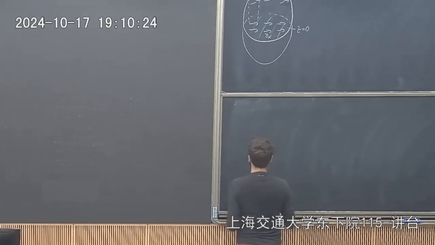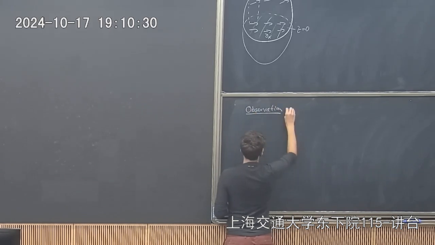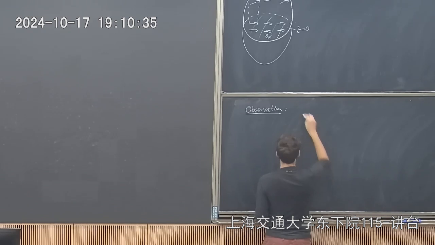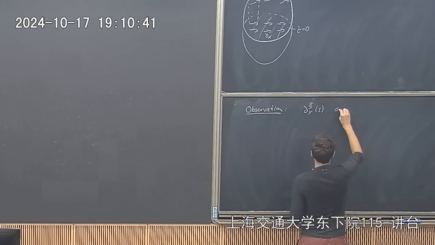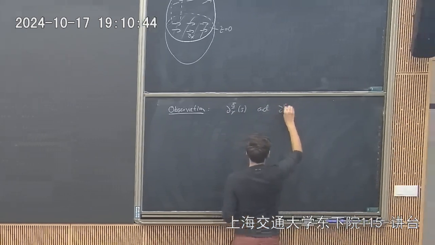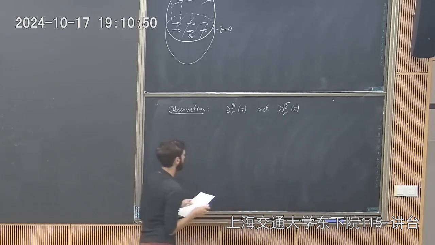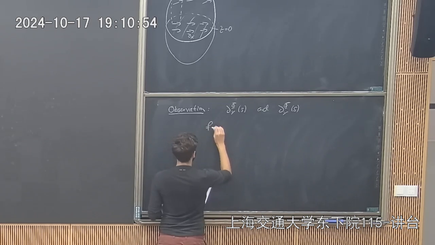So the first observation is that these two vectors that we have are actually linearly independent.